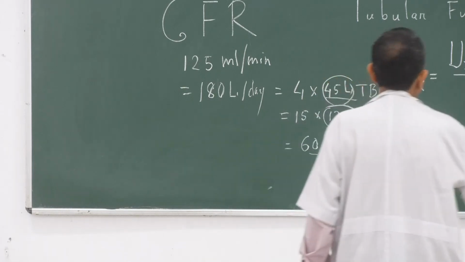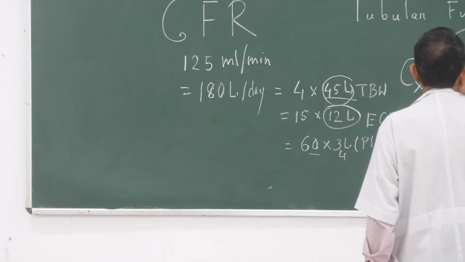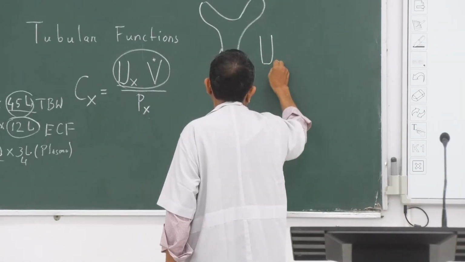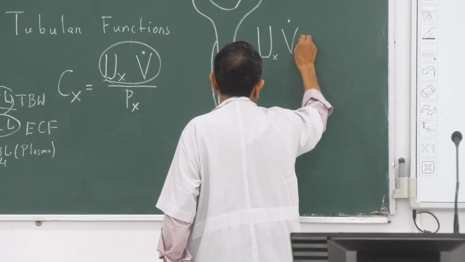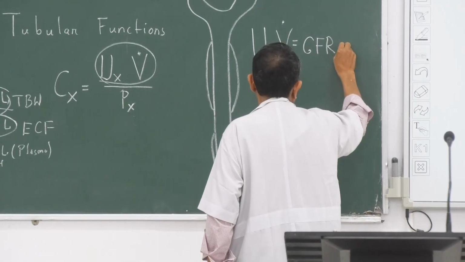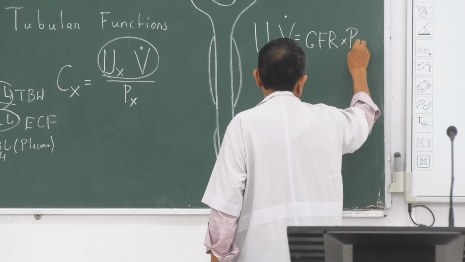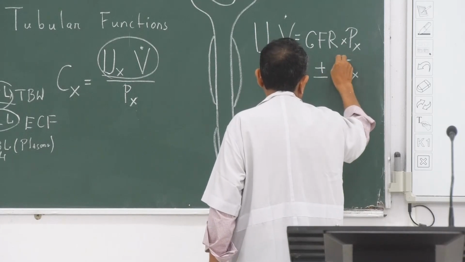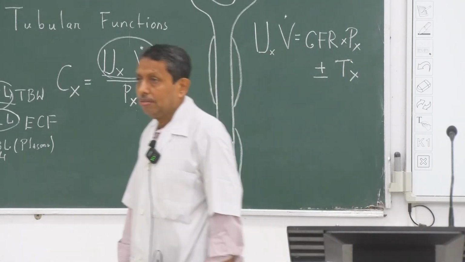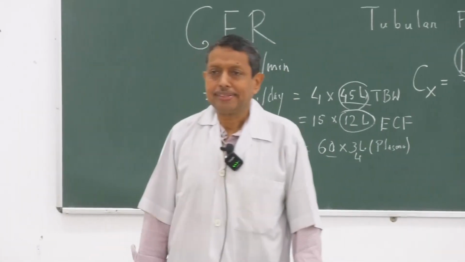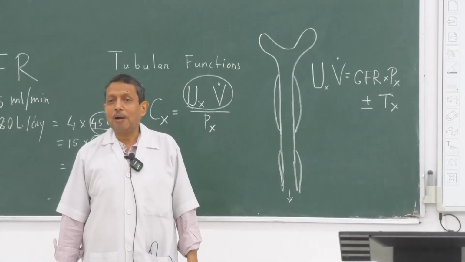So per unit time, it will be this, into plasma concentration plus minus Tx, that is the transferred amount per unit time. It is the very initial part of understanding tubular function.